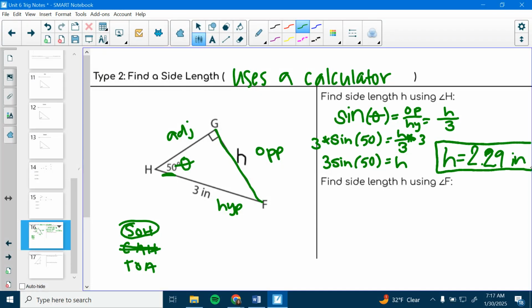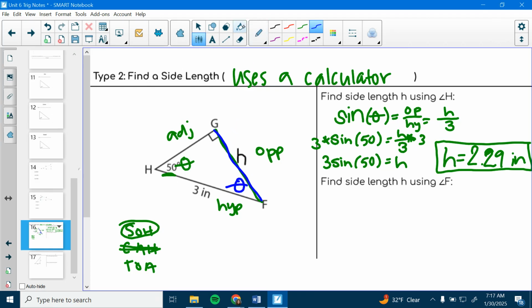Now, the really cool thing about trigonometry is that I can use multiple angles to find the same thing. So now it says to find the side length h using angle f. So I'm still finding side length h. This time my theta is going to go at angle f.